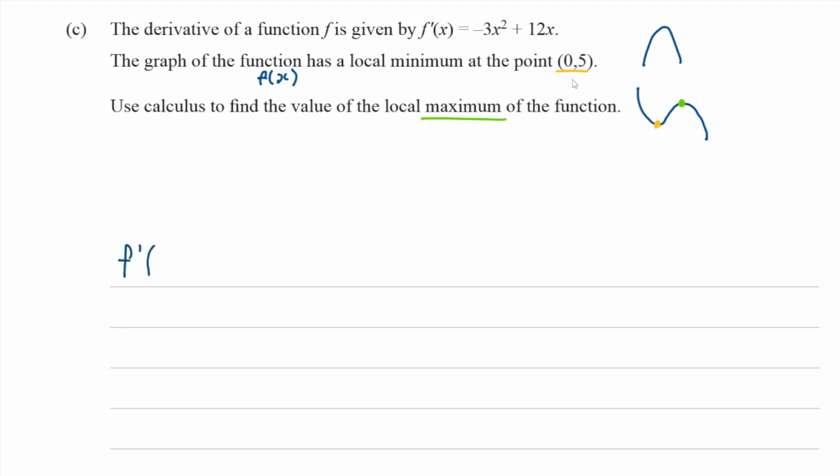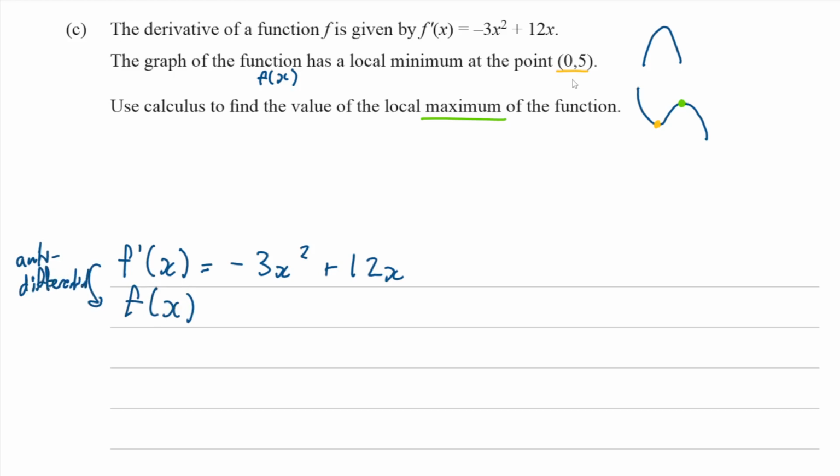So we're given f prime of x, and we will try to find f of x. To get that, we will anti-differentiate. To anti-differentiate, it's the reverse of differentiating, in that we first add 1 to the power.